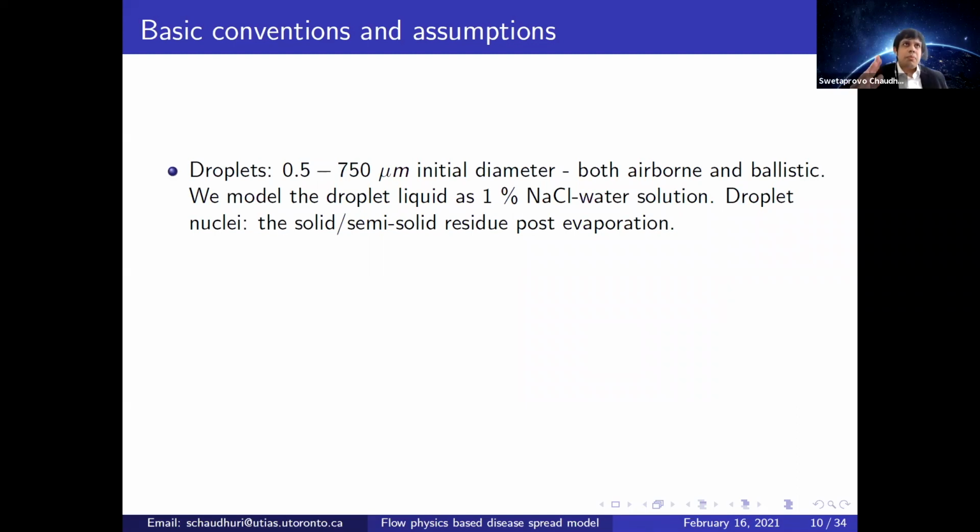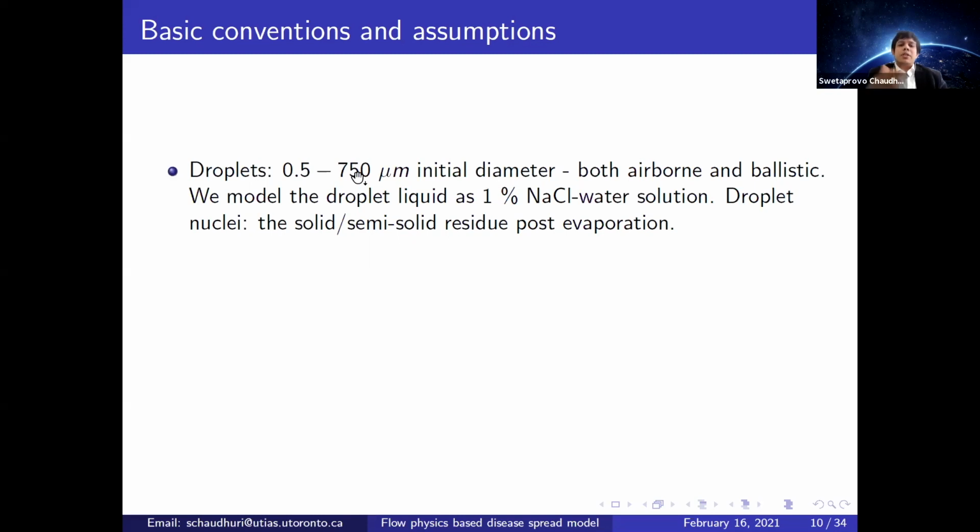The medical community and the aerosol community have put a cutoff at about 100 micron. They say that below 100 micron, we call them aerosols, and beyond 100 micron, we call them droplets. But for the purpose of this talk, we use the convention that whatever contains liquid predominantly and can be defined by a free surface is essentially a droplet. That's the physics definition.